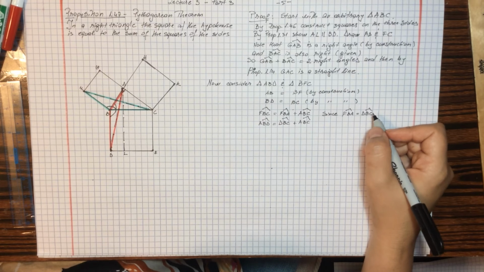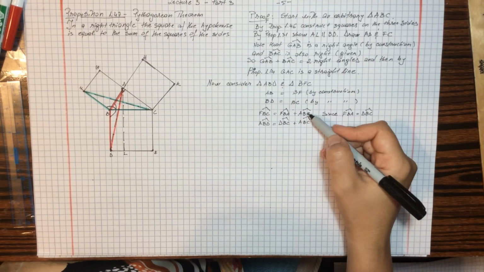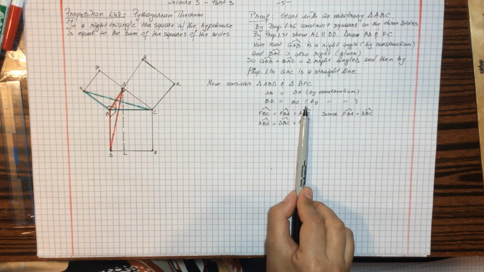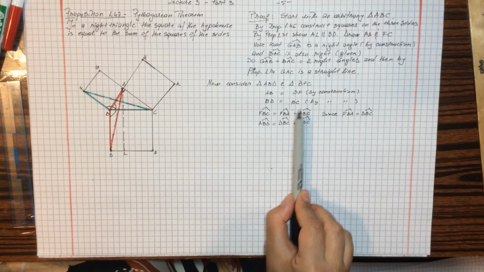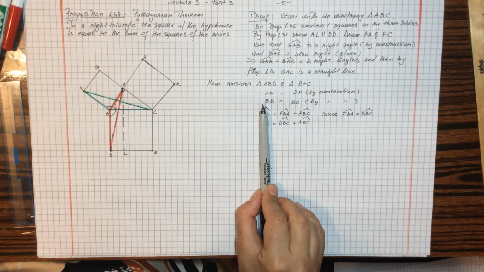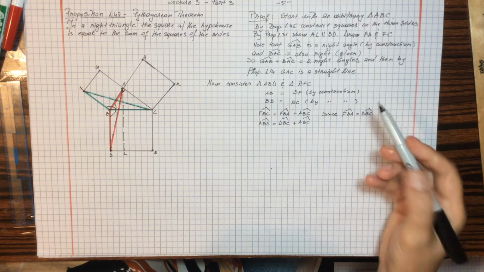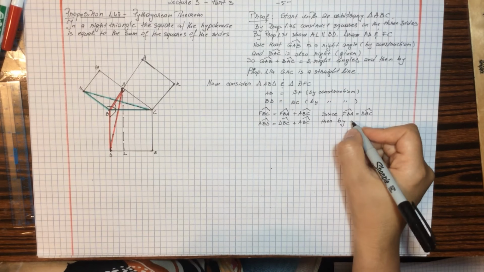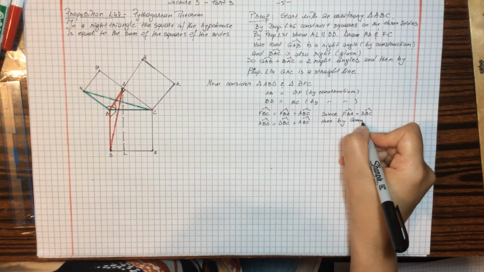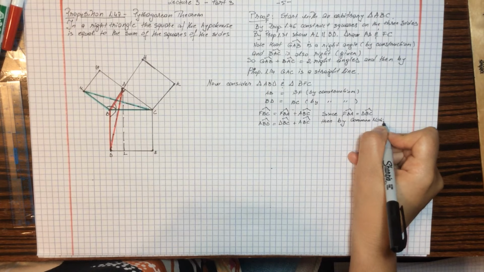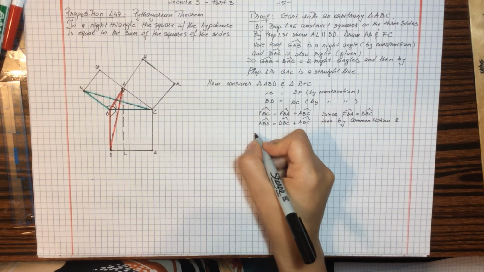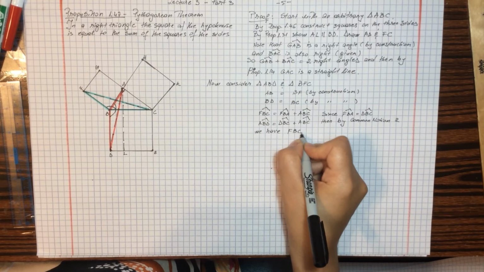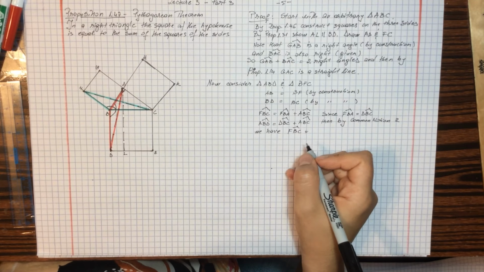Then this angle is the same, so these two angles are equal to one another. These two are the same angles, so by common notion 2, these two other angles must be equal to one another. Then by common notion 2, we have angle FBC equal to the angle ABD.